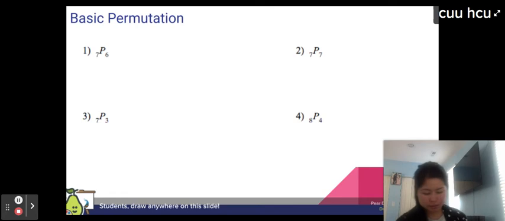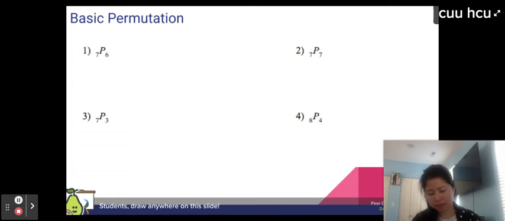So when you do this, again, 8 factorial, if you use your calculator, it's going to give you 40320 over 4 factorial, which we just learned is 24. So if I divide those two, 40320 divided by 24 gives me 1680.